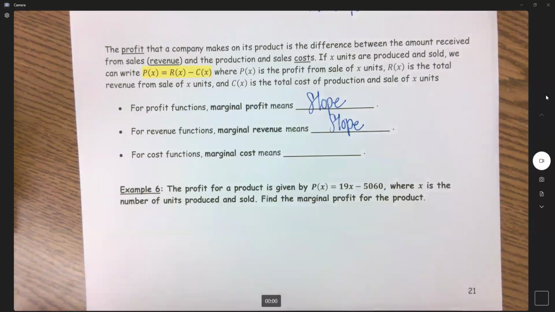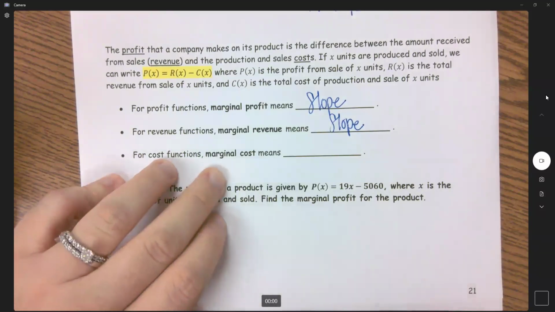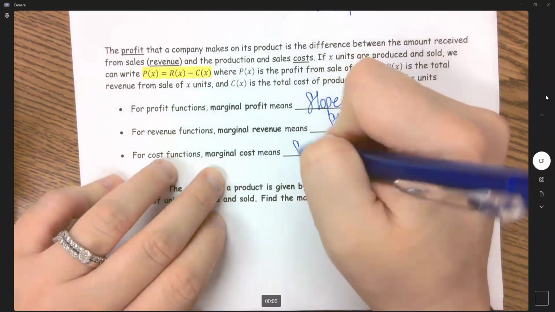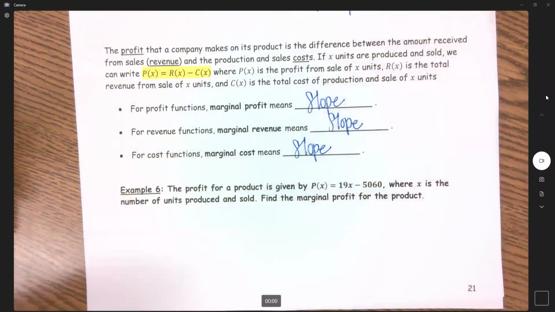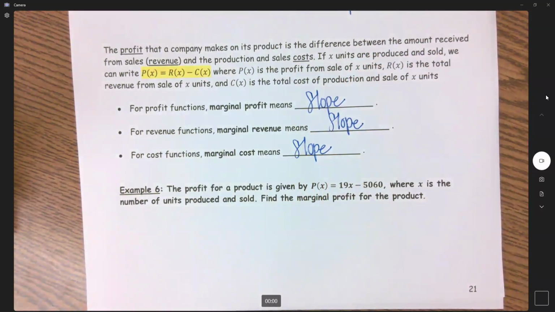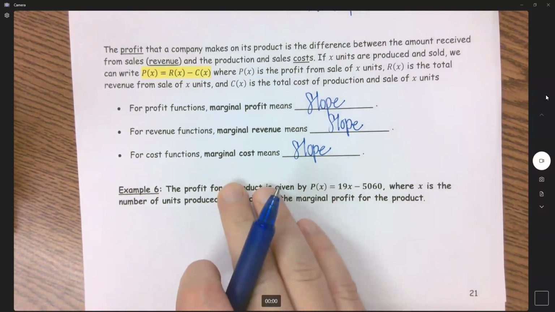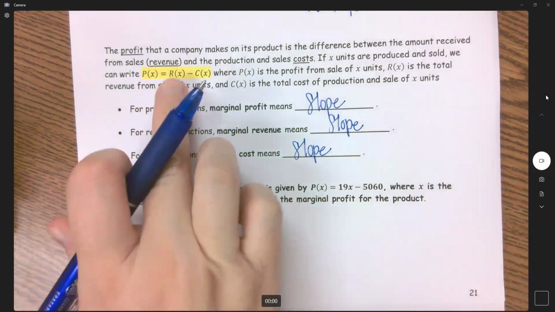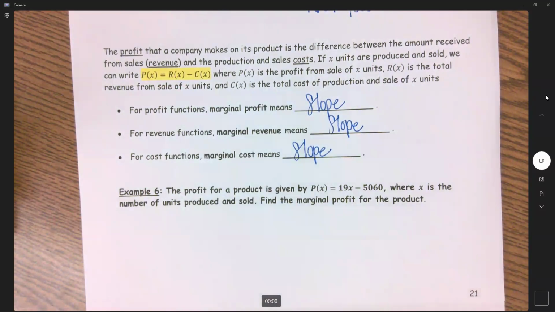Guessing you can guess the next one. For cost functions, marginal cost then means slope. So we now have 6 different names for slope: the 3 we went over at the beginning, and now these 3 for your profit, revenue, and cost functions.